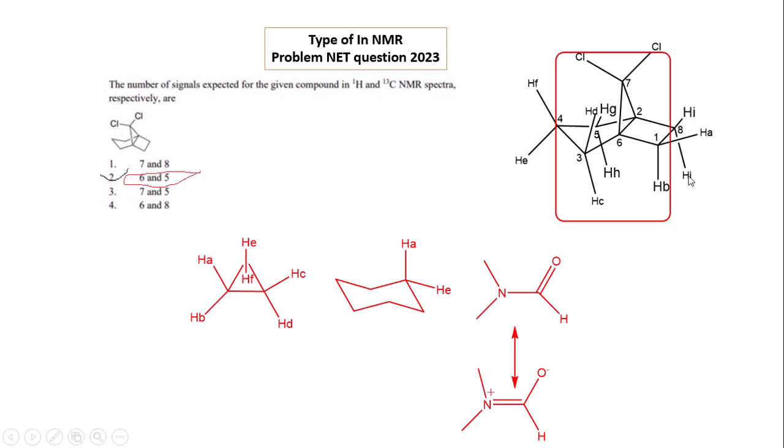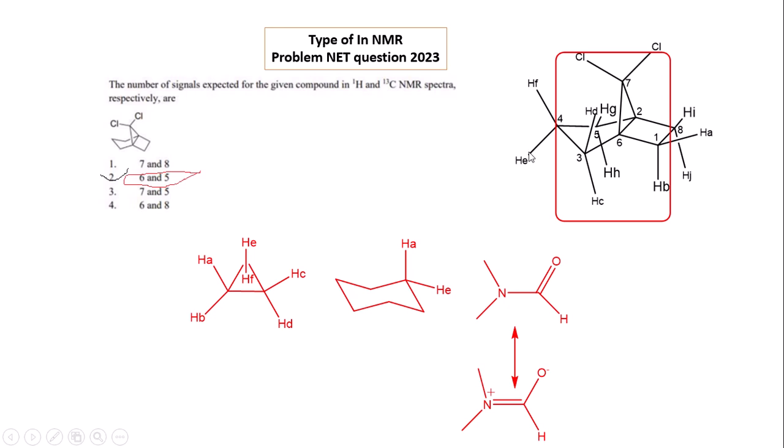HA is equal to HI, HB is equal to HJ, HD is equal to HG, and HC is equal to HH, and hence the signals are 1, 2, 3 and 4, then HF and HE, that is 5 and 6. The sixth signal is coming here actually.